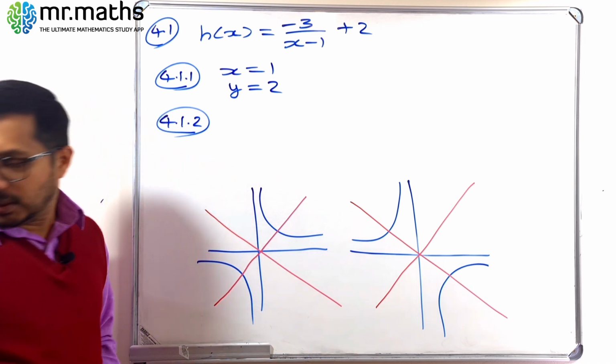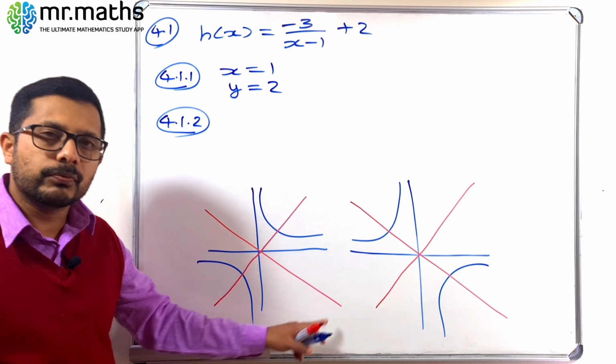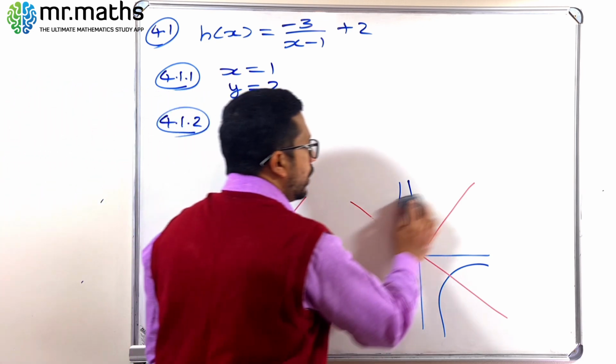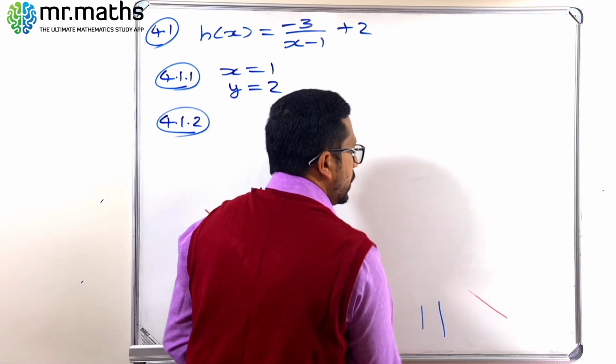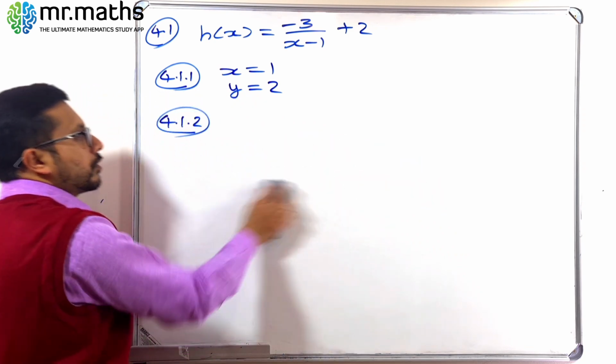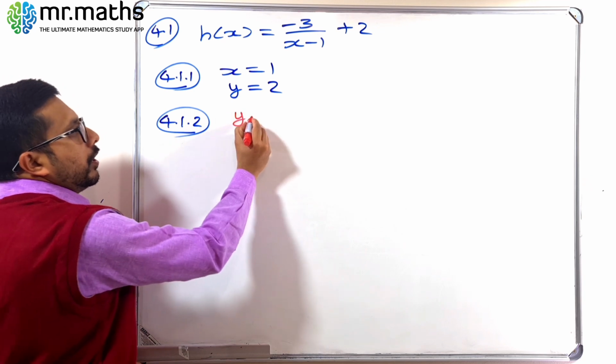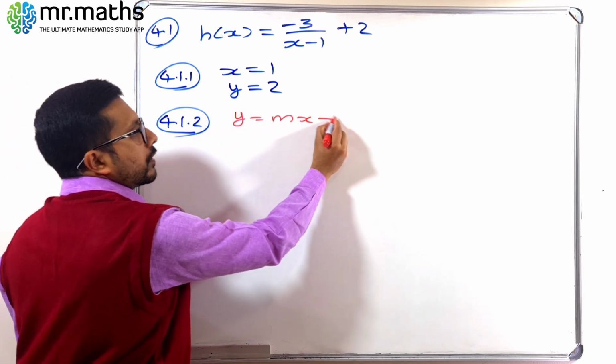Now you know that this one is a straight line. Am I right? So for a straight line graph, what is the general equation? y is equal to mx plus c.